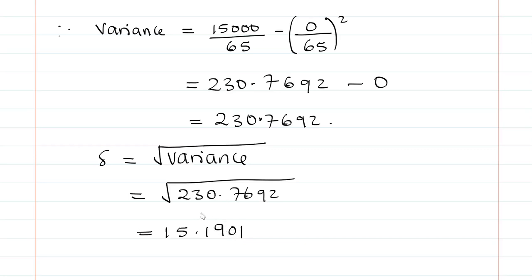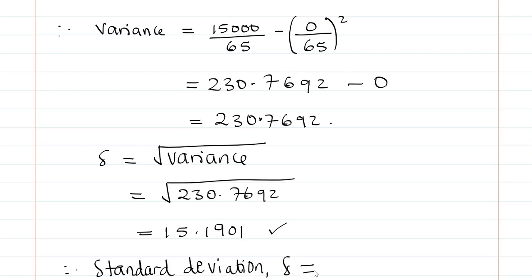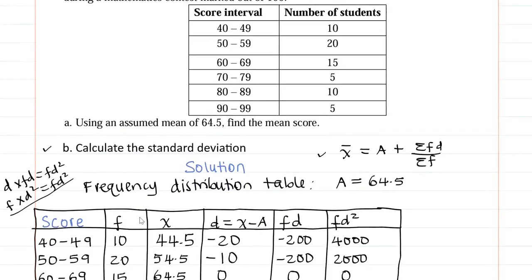So this is our standard deviation. Therefore, our standard deviation sigma equals 15.1901, and that is the solution to part B for the standard deviation, and that is the solution for using the assumed mean.